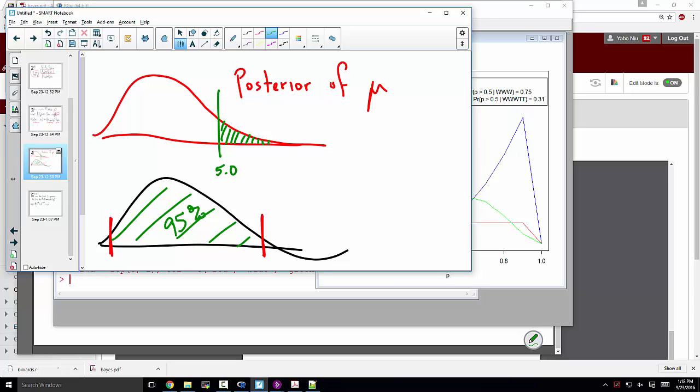And the nice thing about doing it this way, Bayesian, is that we could say the probability that that interval contains mu equals 0.95.